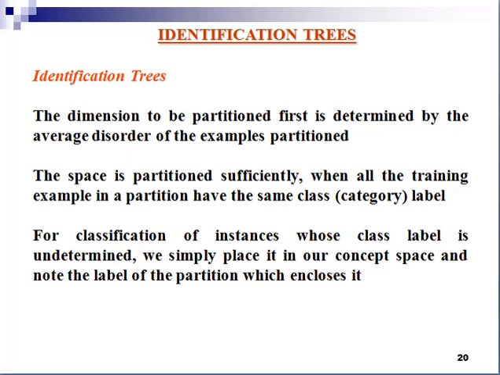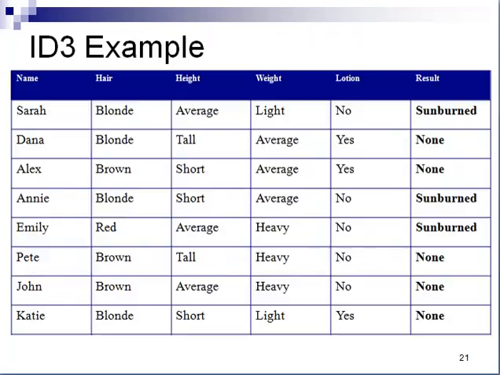The space is partitioned sufficiently when all the training examples in a partition have the same class or category or label. For classification of instances whose class label is undetermined, we simply place it in our concept space and note the label of the partition which encloses it.